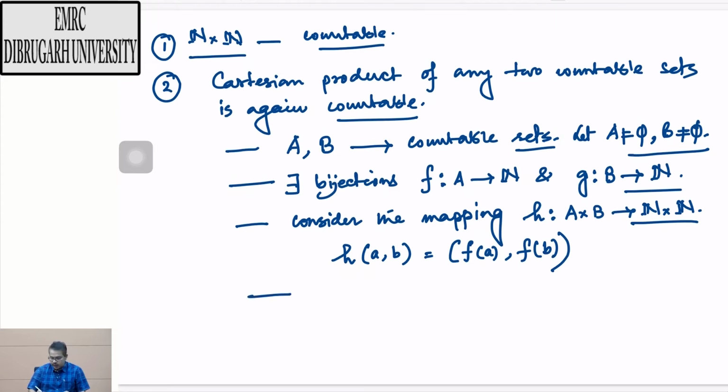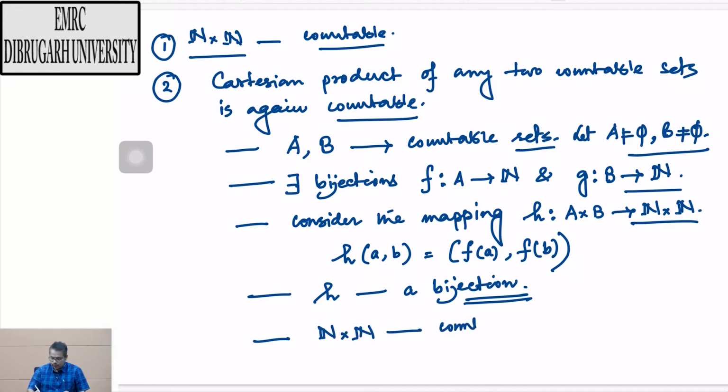Then it is easy to show that H is a bijection, and so n cross n being a countable set.